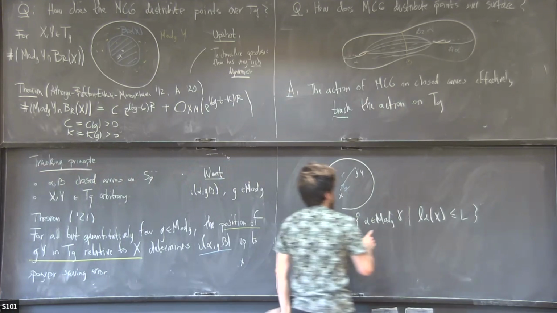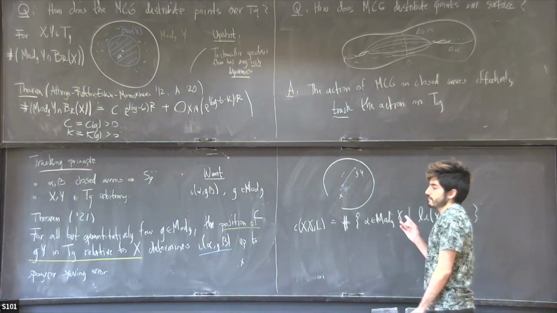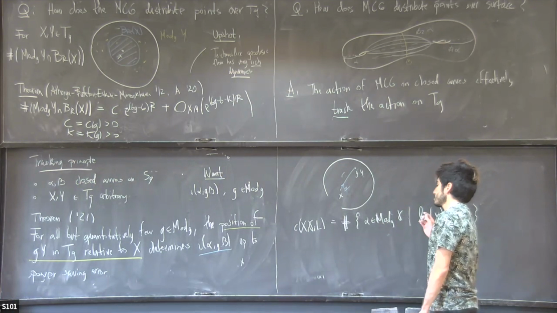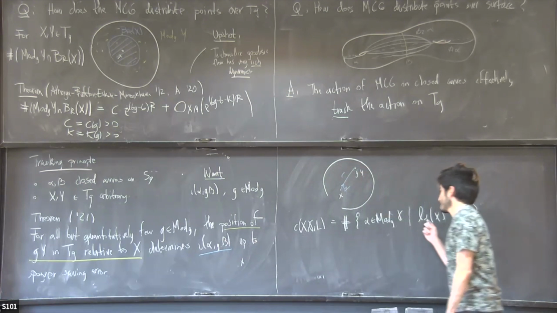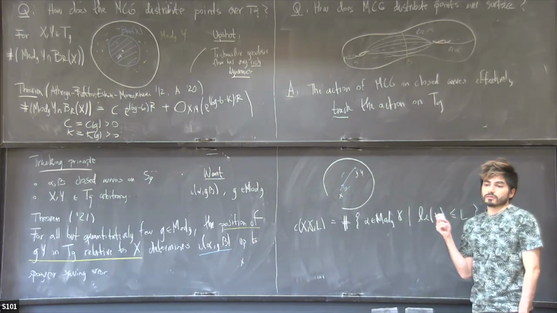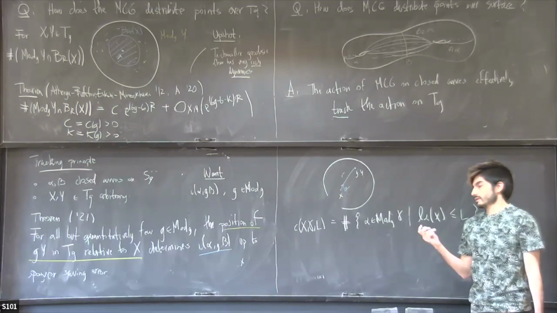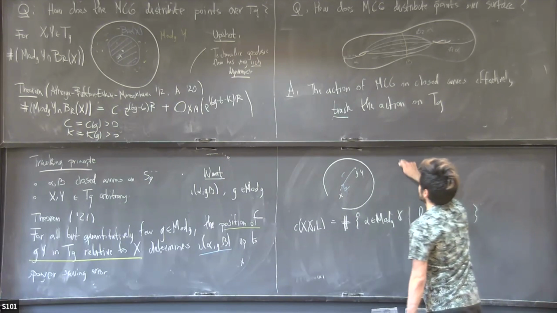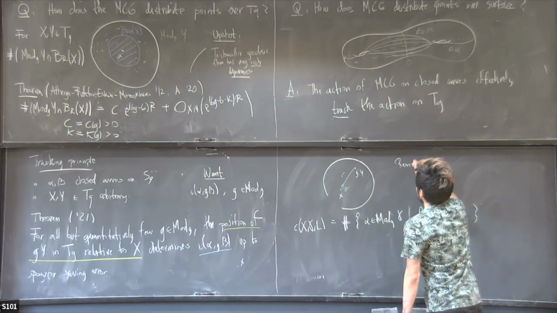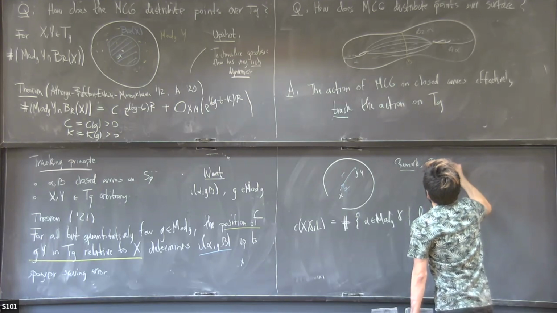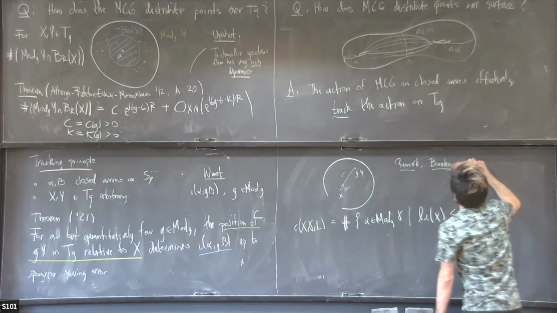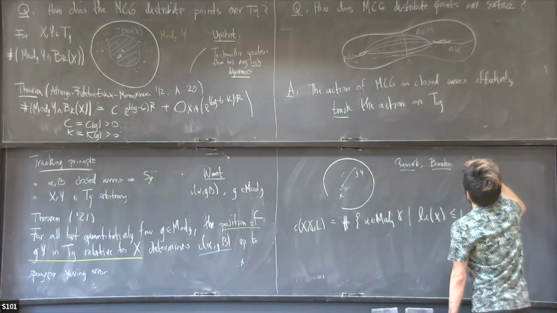Okay, so we started with this. Let me mention one thing that I haven't mentioned and which is key. Here I told you how to estimate intersection numbers, and in my counting function, there's a length. So what's the point? The point is a very important remark of Bonahon, which is that intersection numbers approximate lengths.